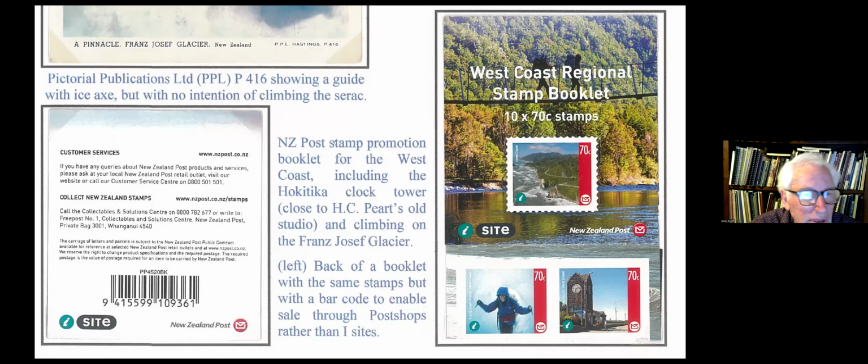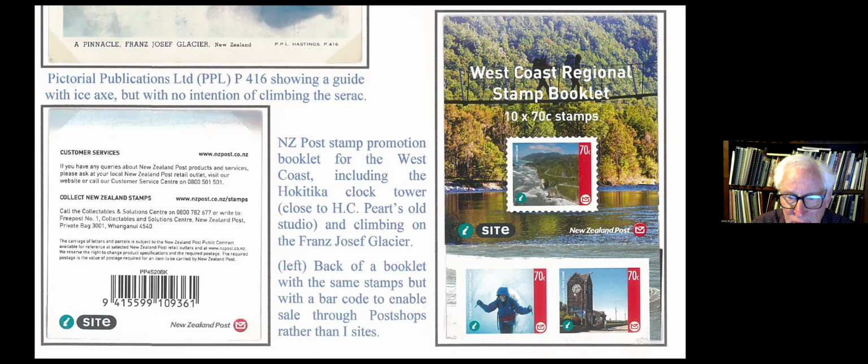What have we got here? Oh, these are some other items which I've included in the exhibit, just to have some postal stuff. So here, this is the back of a booklet of stamps, and these are a couple of images from inside it. This one's showing an ice cave in the Glacier. And this is the Hokitika clock tower, which is close to where one of the photographers had a studio.